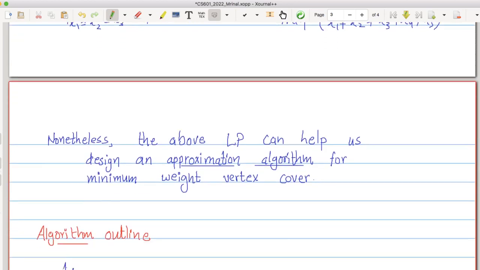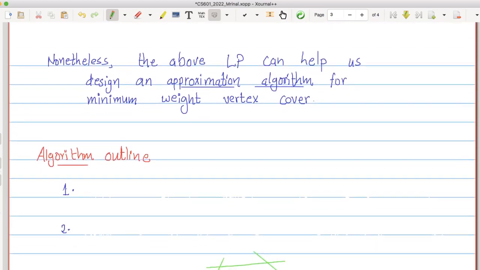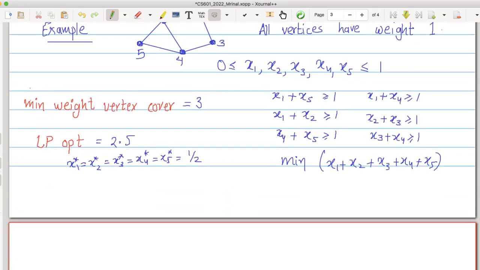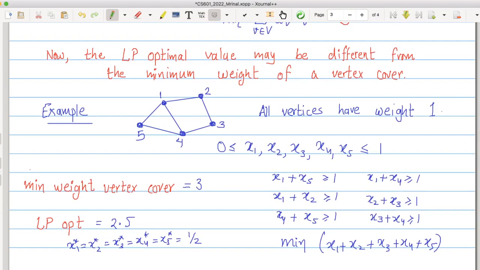Okay. So here is the algorithm outline. We have a graph, right? So our input will be a graph with weights. We write this linear program for that given graph, right?